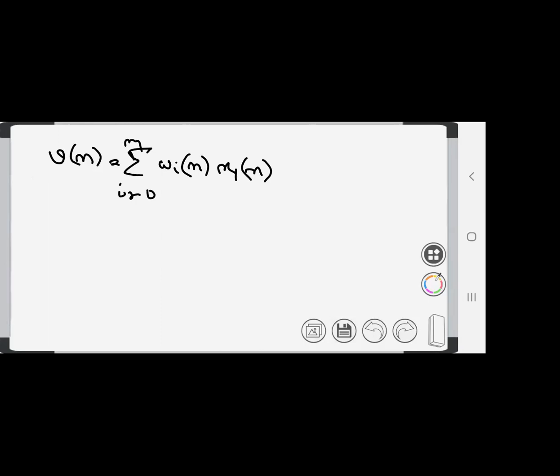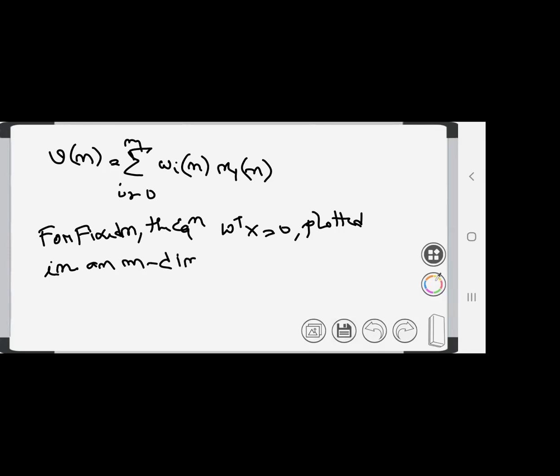For fixed n, the equation w transpose x equal to 0 can be plotted in an m dimensional space.